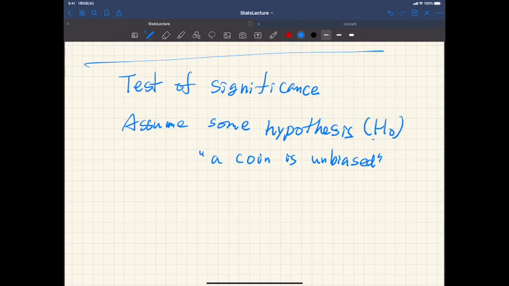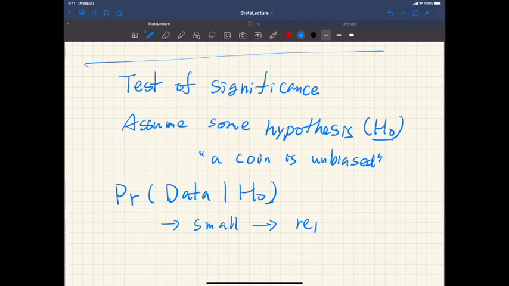We often write it as H0. Then we calculate the probability of the observation, maybe I should write data, given the hypothesis. If this is small, then we reject the hypothesis. If this is large, meaning greater than some small value, then we do not reject.